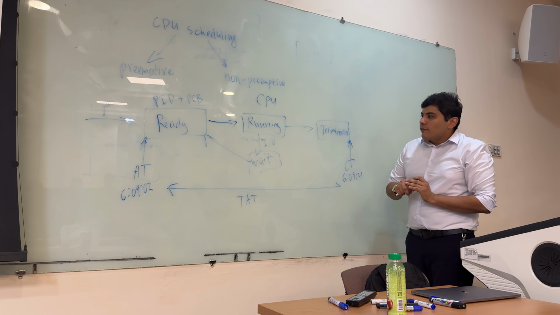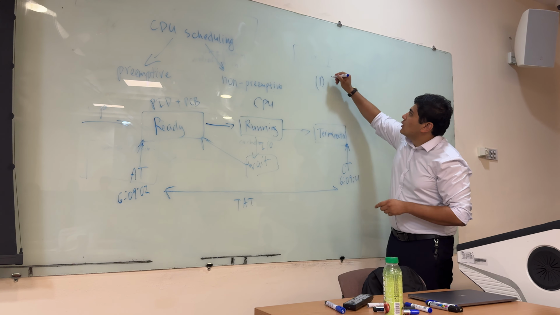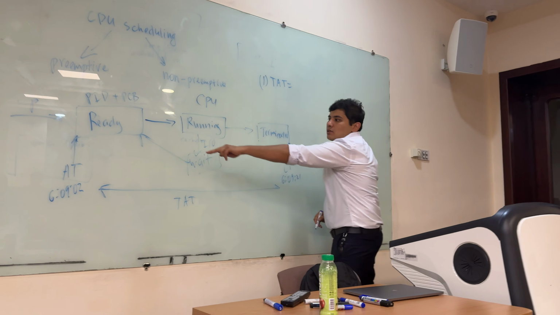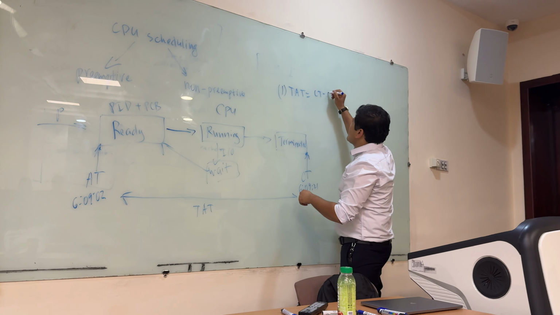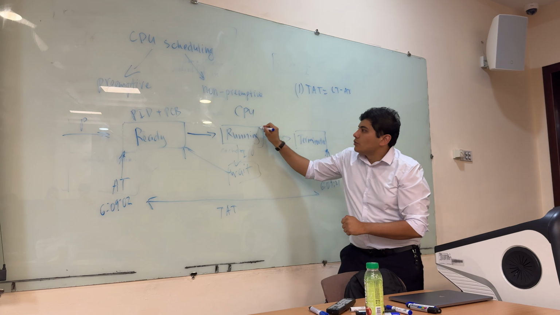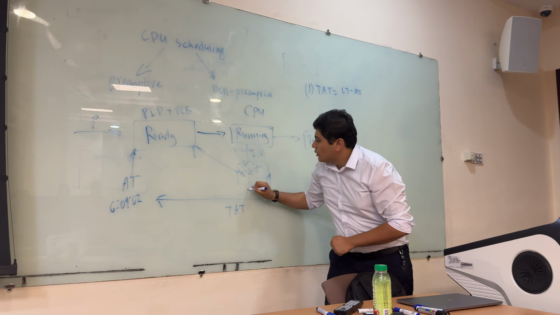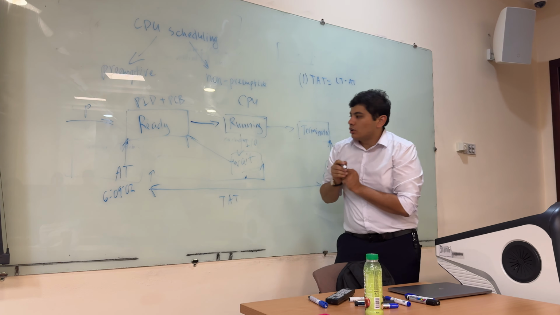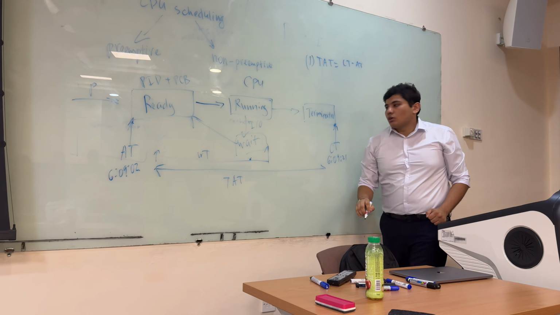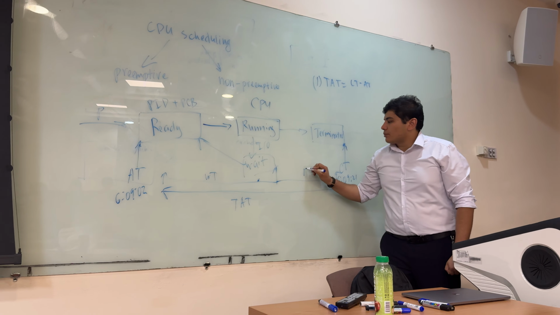From there, we have a couple of formulas, right? Formula number one: TAT is equal to CT minus AT. So starting from arrival till completion is TAT, and part of it is also called waiting time. From here till here, it is burst time.